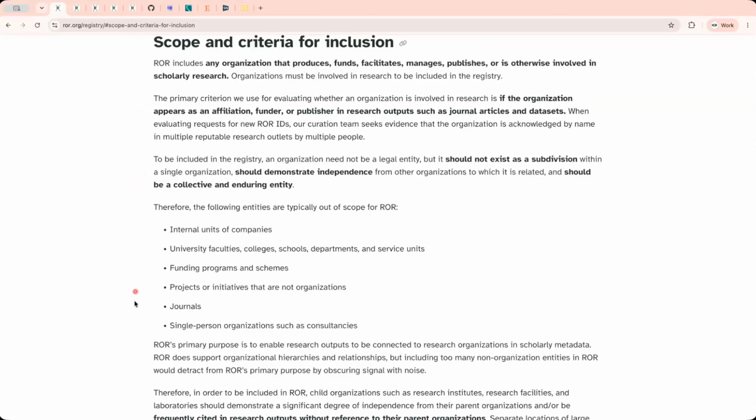However, subdivision entities, such as university faculties, colleges, schools, departments, and service units are not in scope for ROR since they aren't organizations in themselves and don't operate independently of their parent institutions. The ROR community has determined that including these kinds of component entities in ROR would make it more difficult to connect research outputs to research organizations.